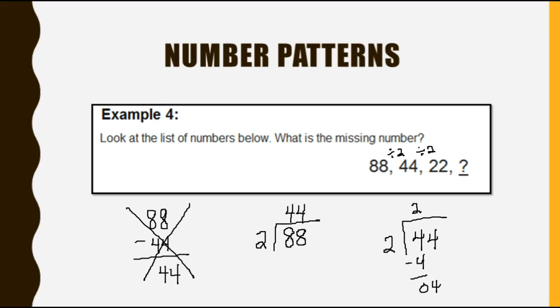I sure do. I get 22. Okay, so dividing by 2 is my rule. So then what would come next? I would have to divide 22 by 2. And I would get 11. So that's the next number in this pattern.